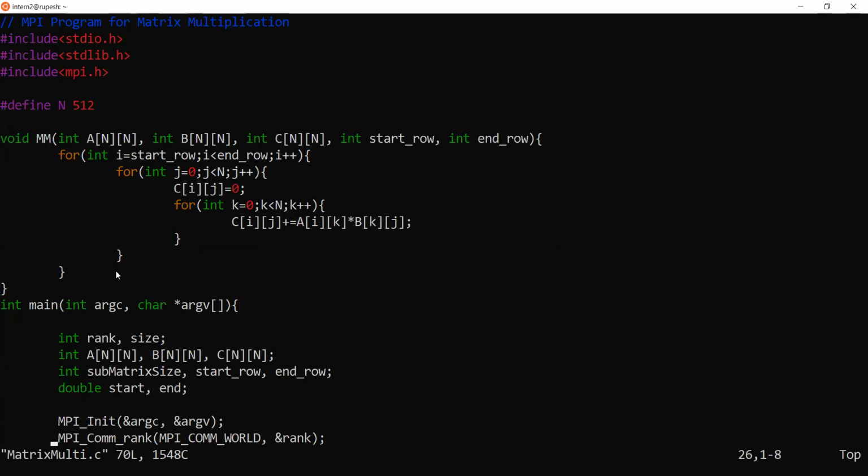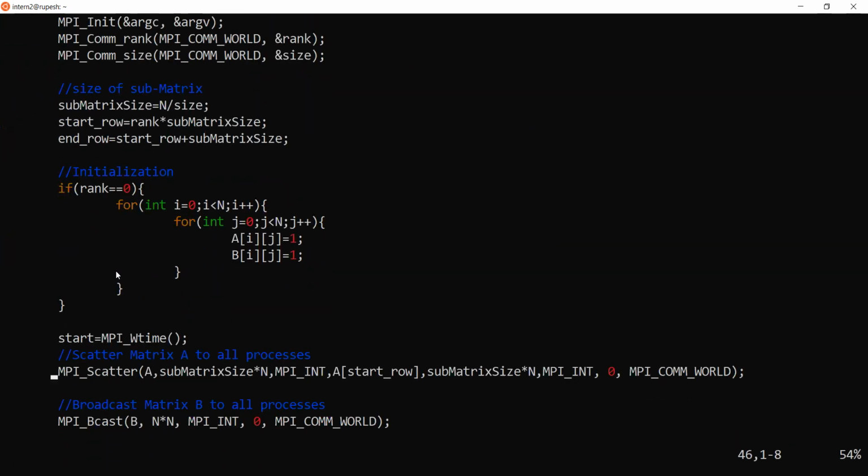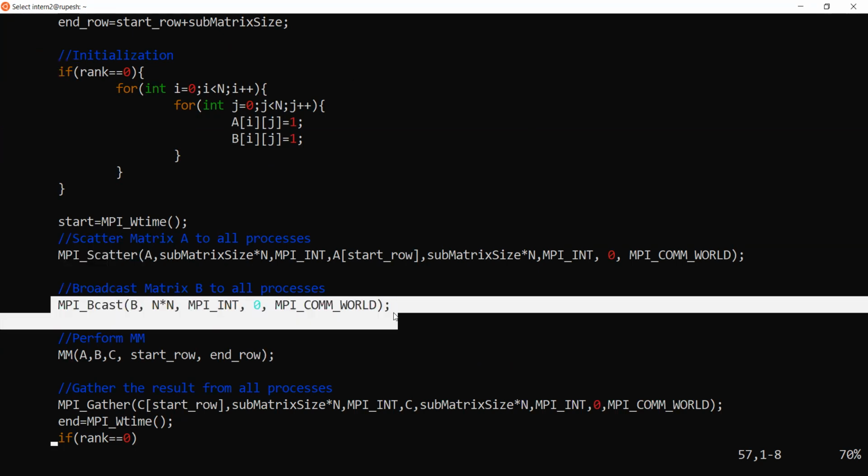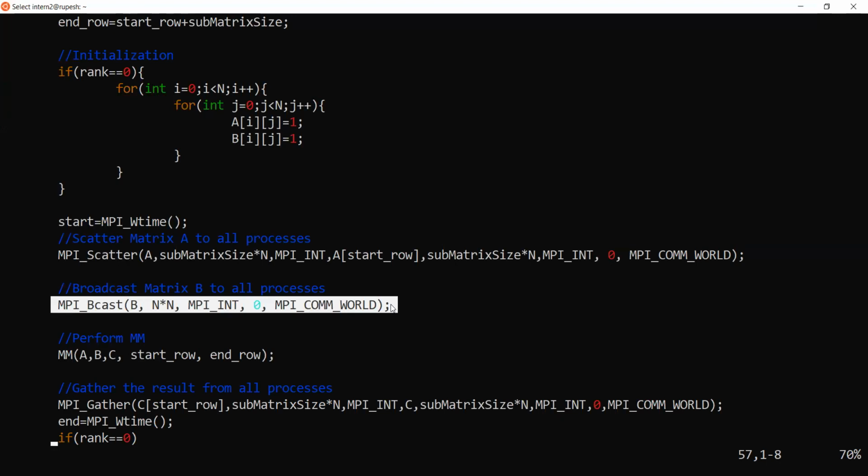Here we can scatter matrix A across all the nodes. Next, we can broadcast matrix B to all the nodes, which means matrix B is available at all nodes.